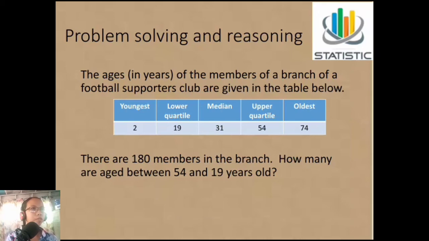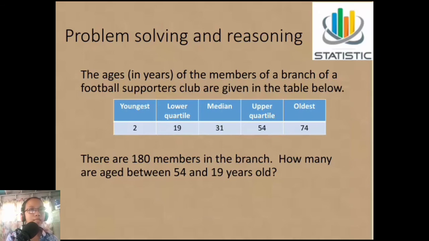Problem solving and reasoning. The ages in years of the members of a branch of a football supporters club are given in the table below. The youngest is 2, lower quartile is 19, median is 31, upper quartile is 54, and the oldest is 74.